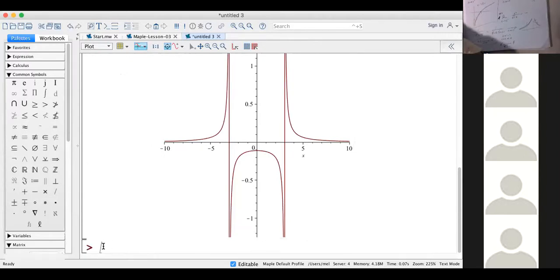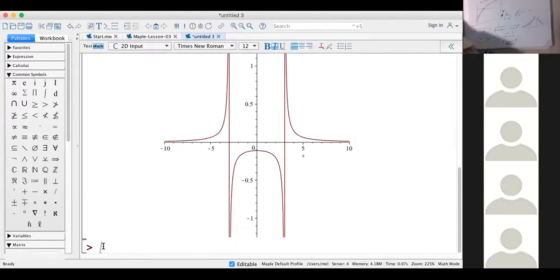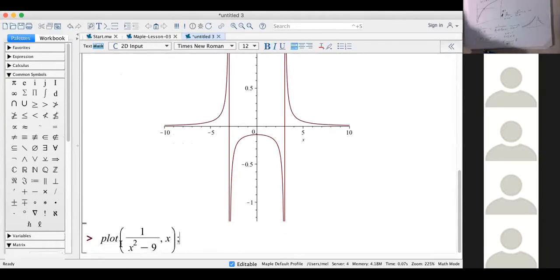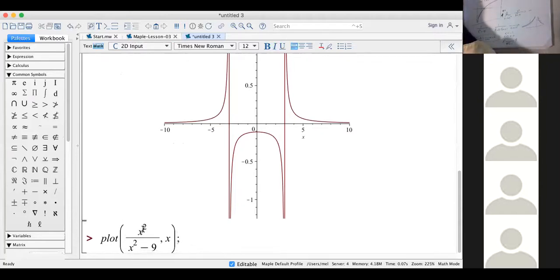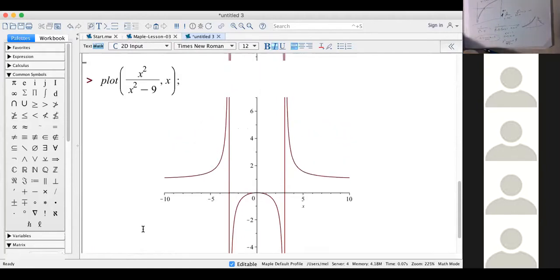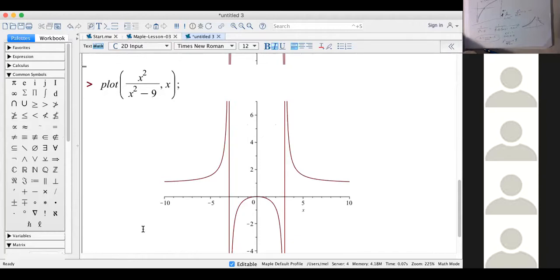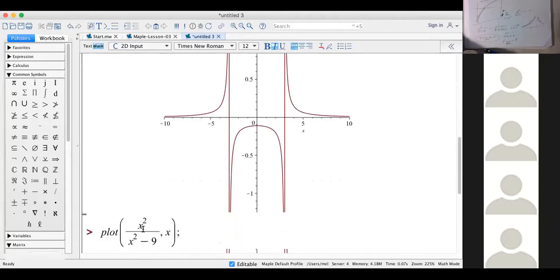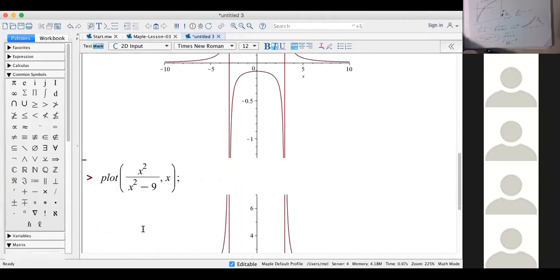What about in number 11? In number 11, we had x squared over x squared minus 9. I think the limit is 3 over 2, minus 3 over 2.